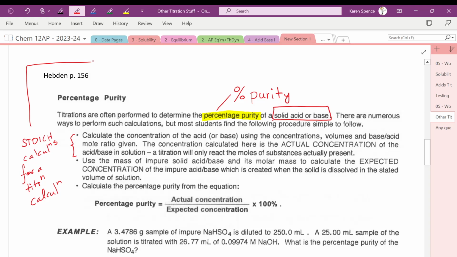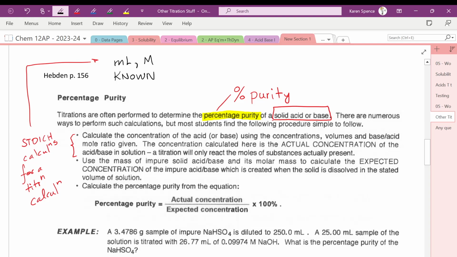And what are those stoichiometric calculations? We should be going from our known substance, and probably we have milliliters and molarity.